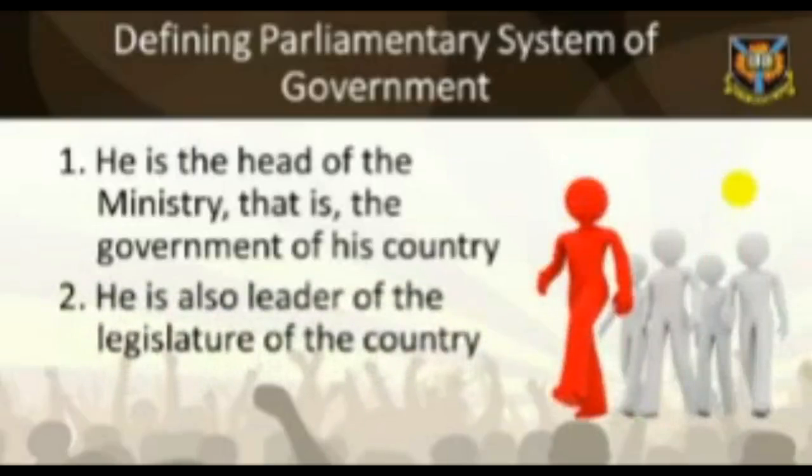He is also the leader of the legislature of the country, the one whose intervention in debates has the greatest weight, who states and interprets government policy, who is responsible for obtaining the approval of the legislature for the policy of his government.